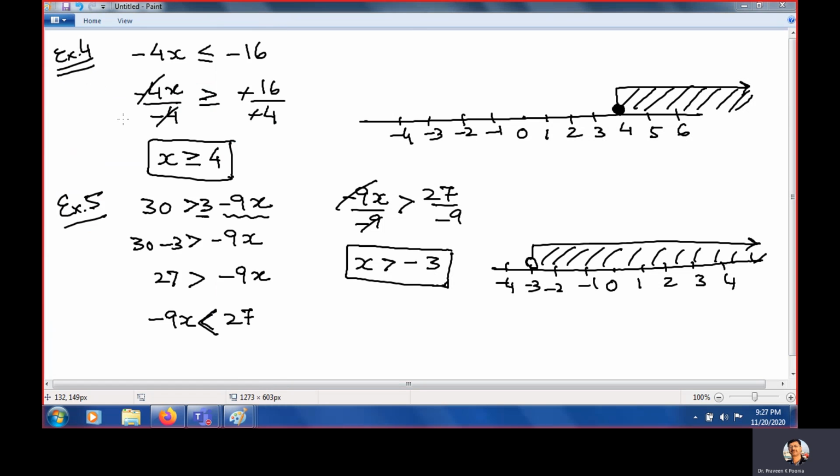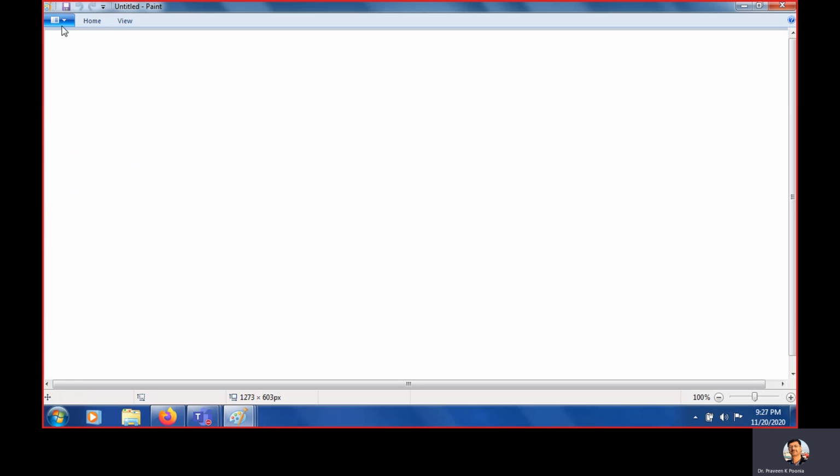So whatever we are solving, it is the same as the questions we solve in linear equations. Clear? Okay, let us take another question. It is 15x minus 19 greater than or equal to 42 minus 13x. Clear?